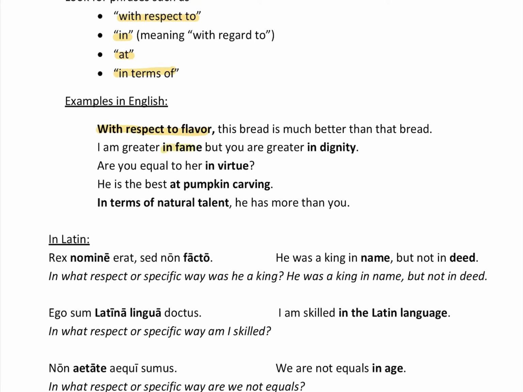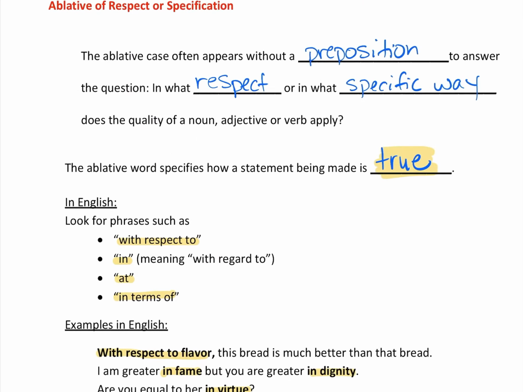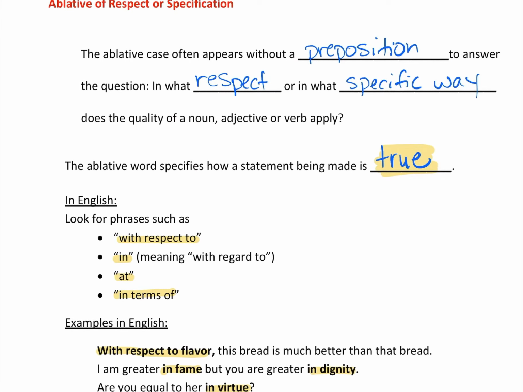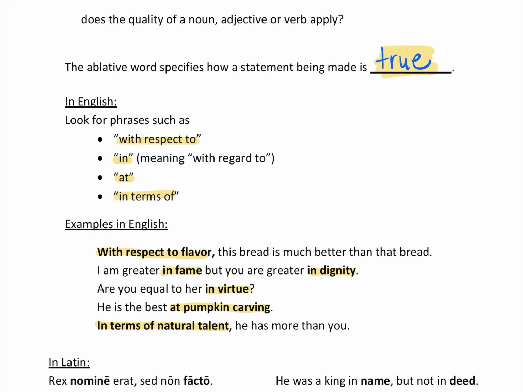I am greater in fame, but you are greater in dignity. Are you equal to her in virtue? He is the best at pumpkin carving. In terms of natural talent, he has more than you. So again, remember, in what respect or specific way does the quality of a noun, adjective, or verb apply?